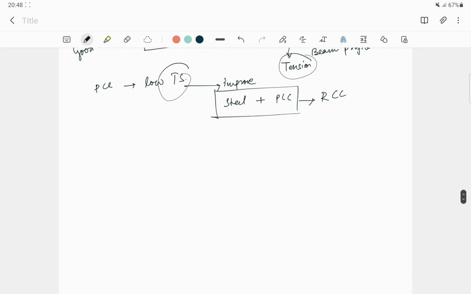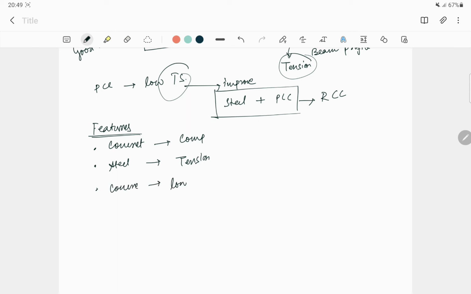Now, features of RCC. In RCC, concrete is responsible for compression and steel is responsible for tension. Concrete has low tensile strength and that is not considered; full tensile strength is considered for steel.